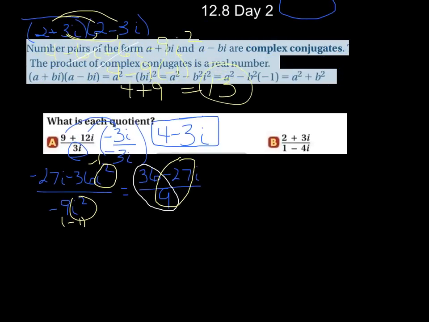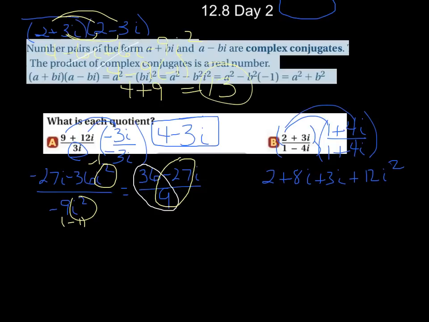So we're going to look at example B here, and I would multiply by my conjugate, which is 1 plus 4i, in the numerator and denominator. So in my numerator, when I distribute, I'm going to get 2 plus 8i plus 3i plus 12i squared, just doing my normal distributive property: 2 times 1, 2 times 4i, 3 times 1, 3 times 4i.